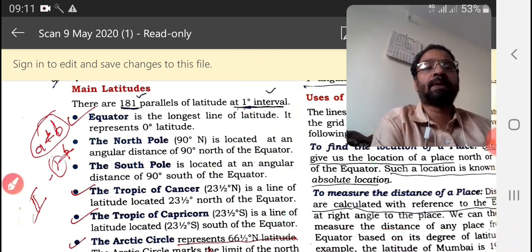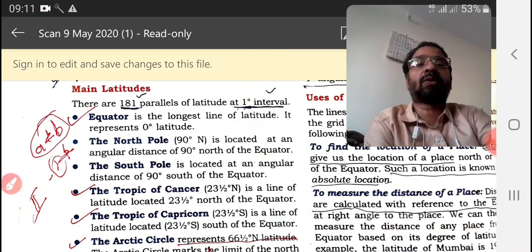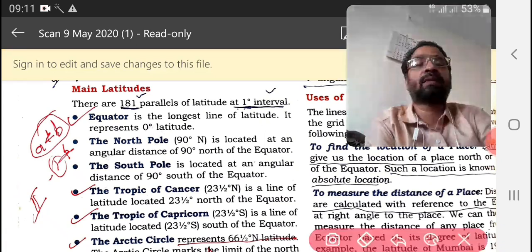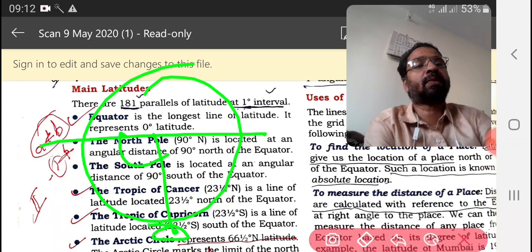In the same way, the South Pole is 90 degrees from the equator, and here is the South Pole.